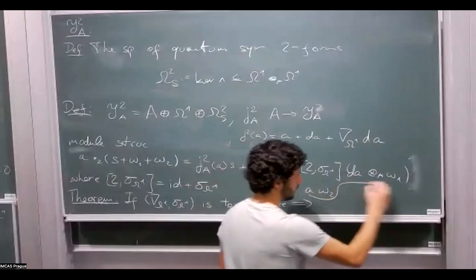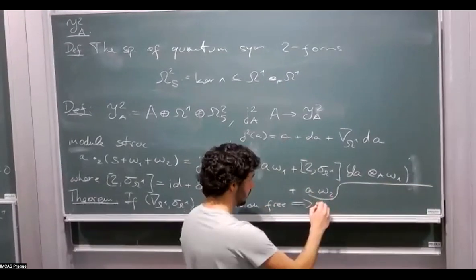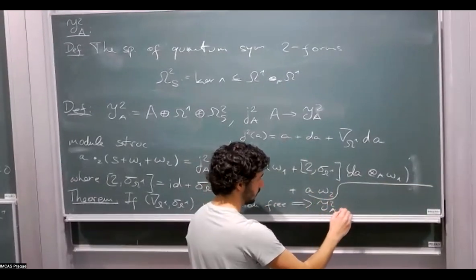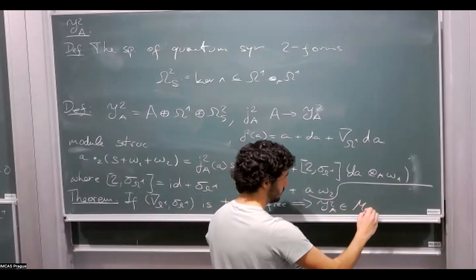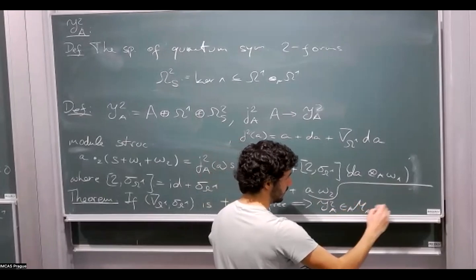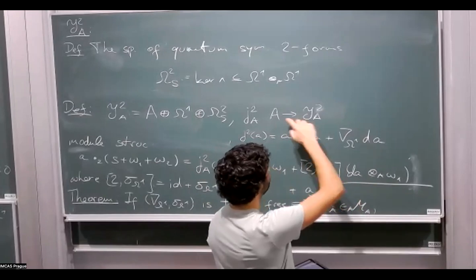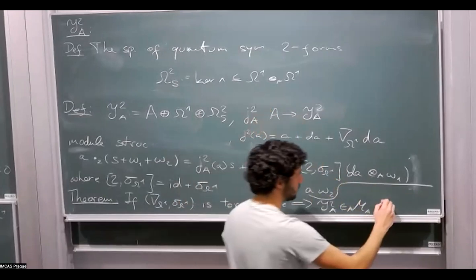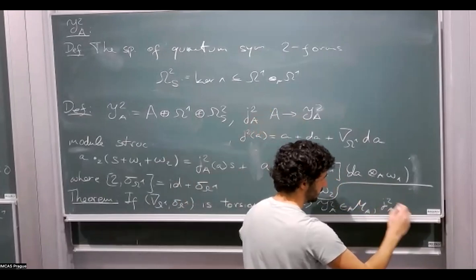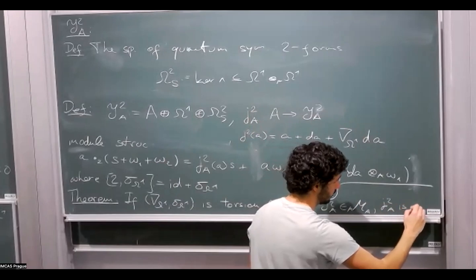Then we have that J2A is indeed a bimodule, and that the jet prolongation map j2 is a bimodule map.